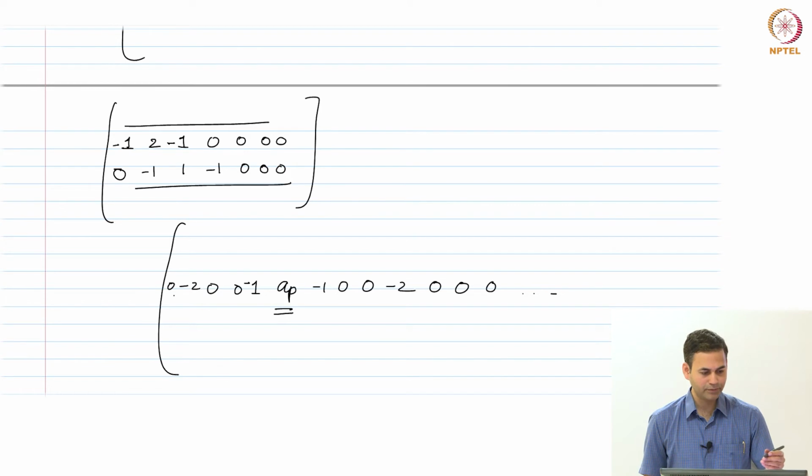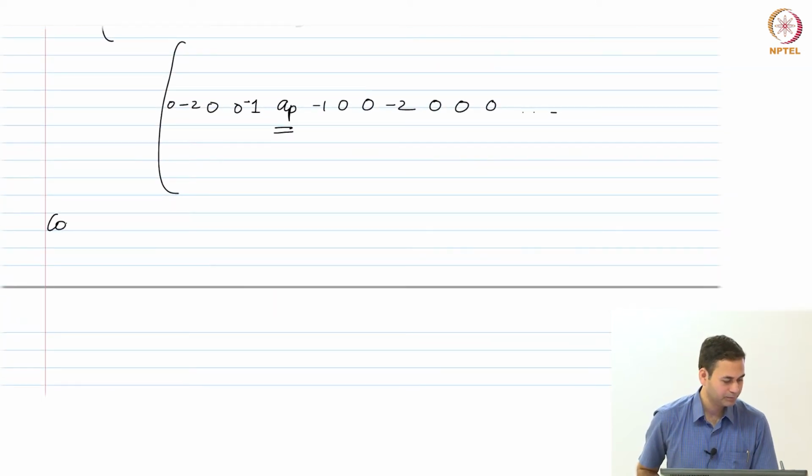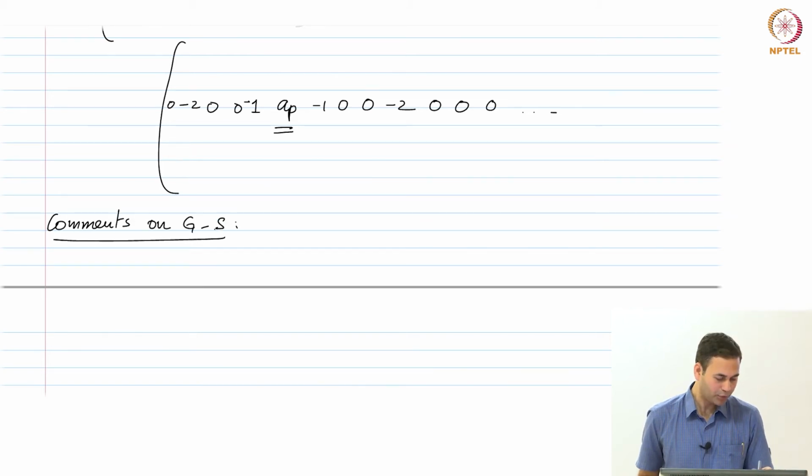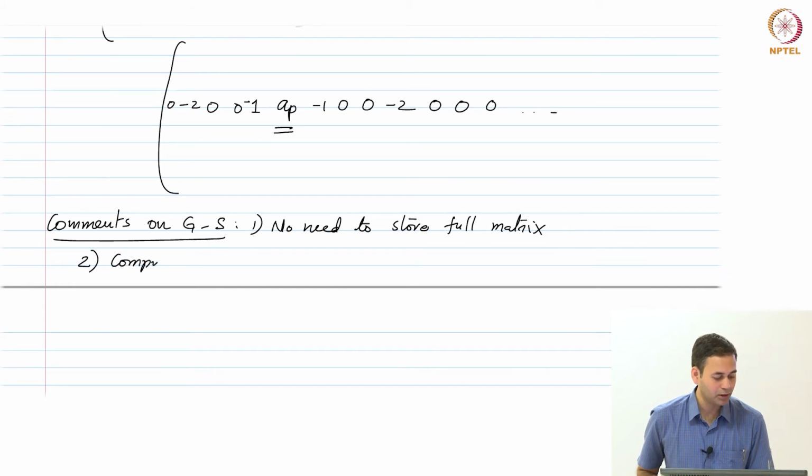So, let us have a few comments on the Gauss-Seidel method. The first is that there is no need to store the full matrix. We just need to store only the non-zero elements, so the computational cost is only order n.